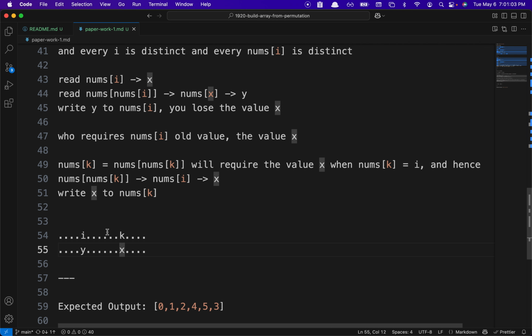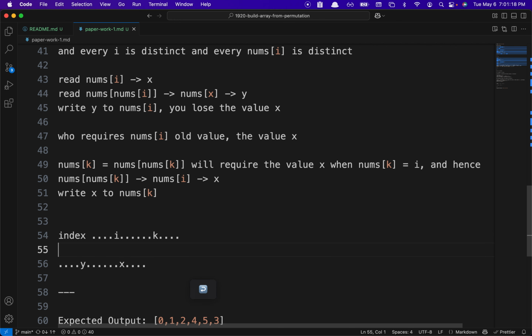And whenever you find a nums of k equal to I, this is the index actually. This is the index. Values is going to be x, nums of k is I, right?